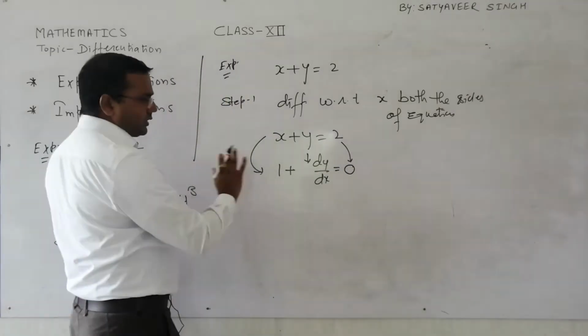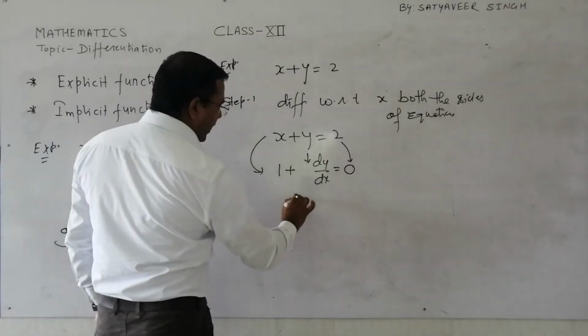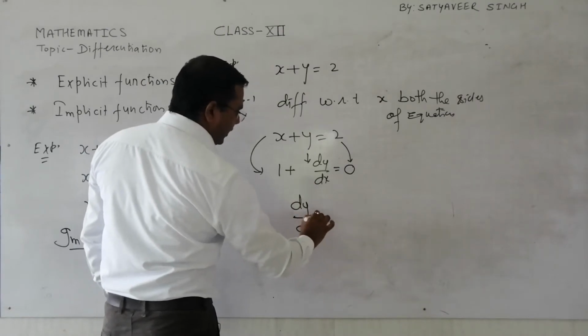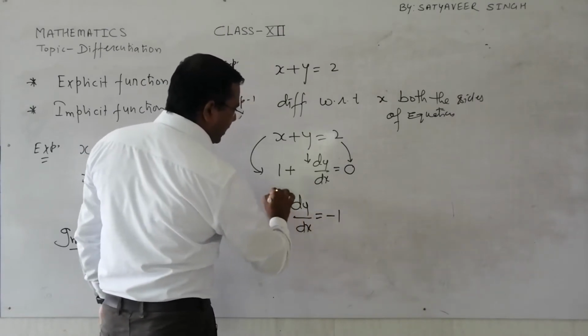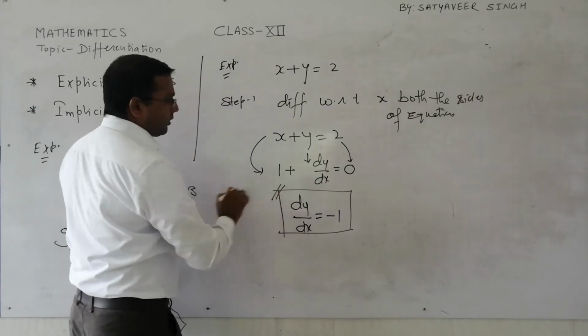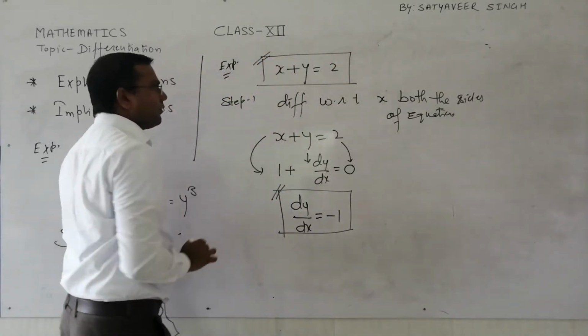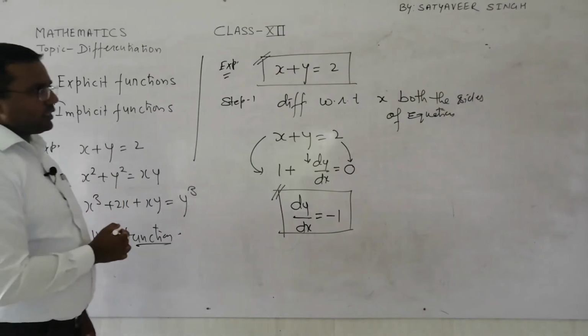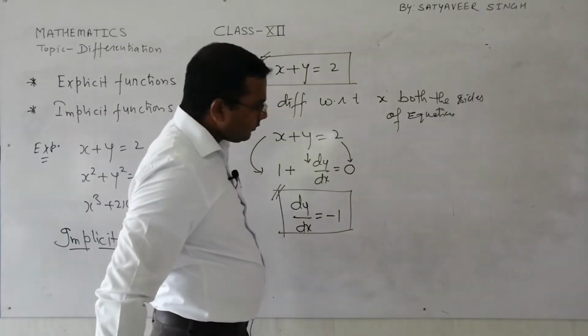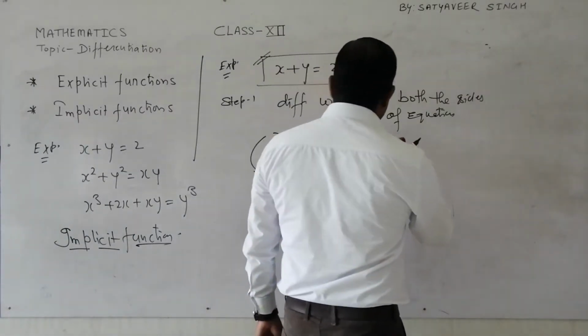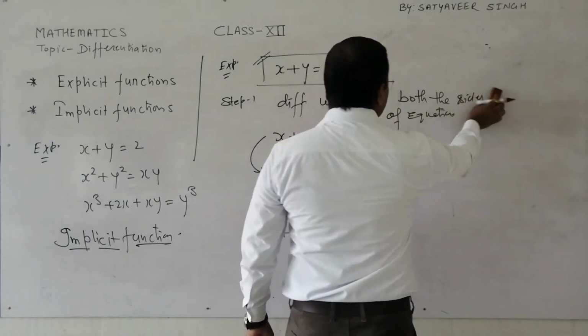So from here you can write dy upon dx is equal to -1. This is the differentiation of this given implicit function. Let us take some more examples. I hope you understand the basic concept.